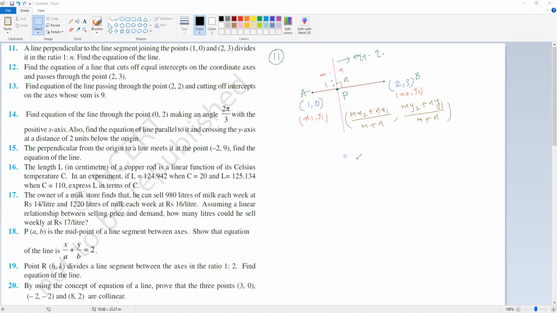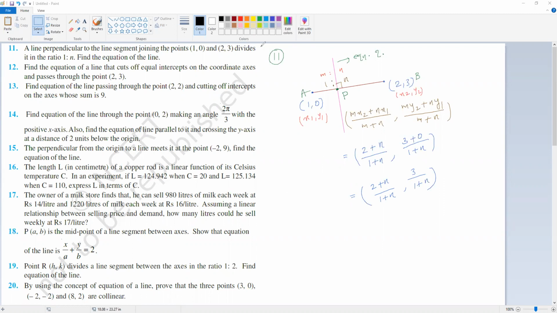So the coordinates will be m x2, so 1 into 2, that is 2, plus n x1, so n into 1, n, divided by 1 plus n, comma, m y2, 1 into 3, 3, plus n into 0, that is 0, divided by 1 plus n. So the coordinate of that point is (2 + n)/(1 + n), comma, 3/(1 + n). In general, we will get it like this.